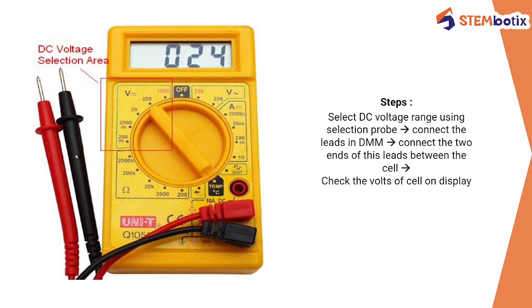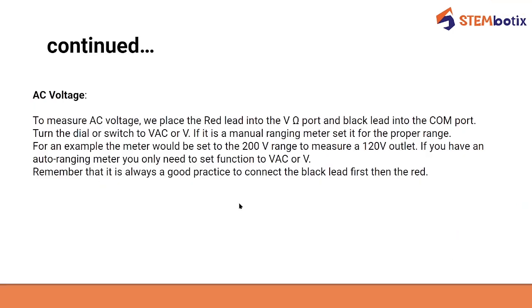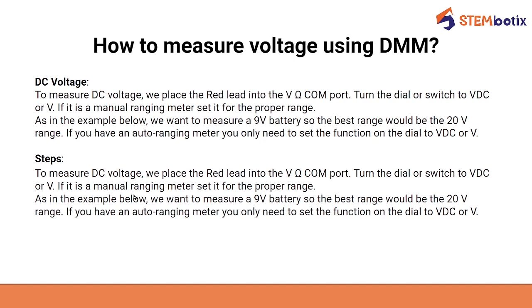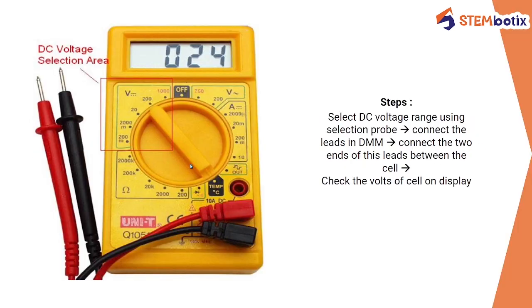Please guys, remember that whenever you are connecting these probes, first connect the black probe to the common port, and after that connect the red probe to the voltage, ampere or resistance port. Now after connecting both probes, we have the 9-volt battery. Here we will select this panel area using the selection knob, which you have to turn in an anti-clockwise direction.